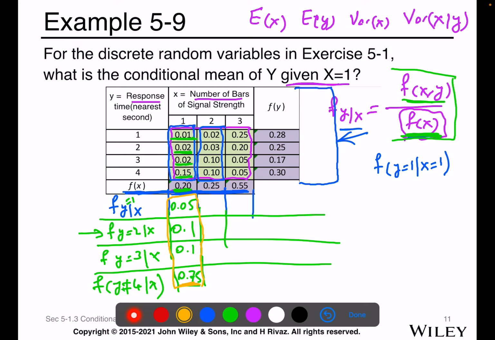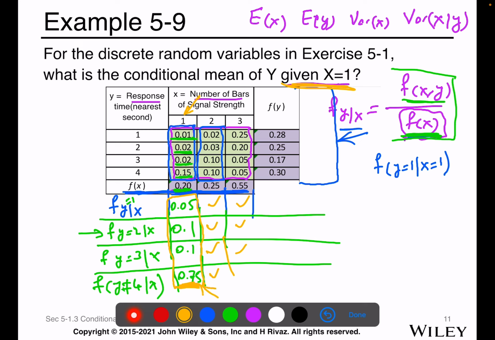What I wrote in this first column was f of y given x, where my x was 1. I can continue and fill out the other columns as well, but the question says given x equal to 1, so I don't care about the other ones. I only want this first column.